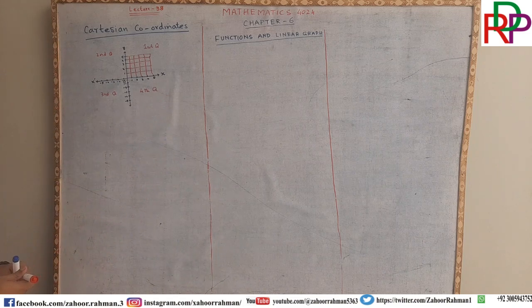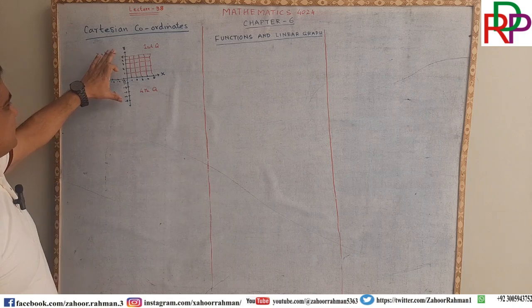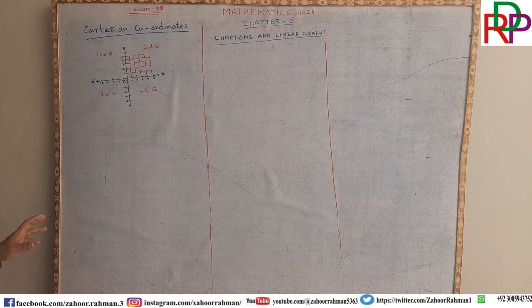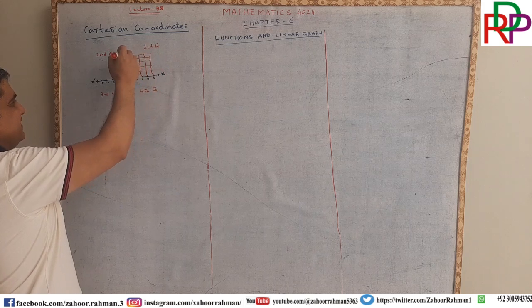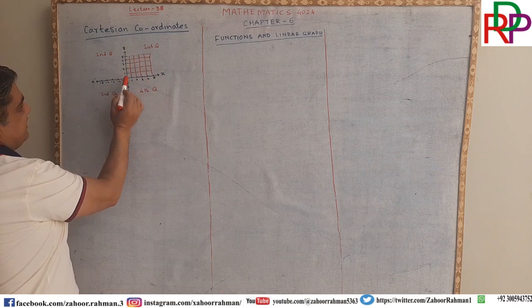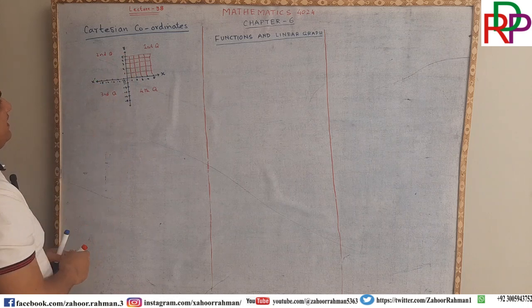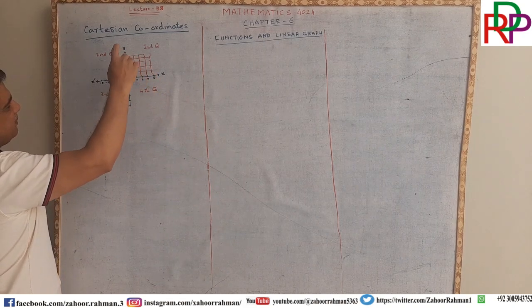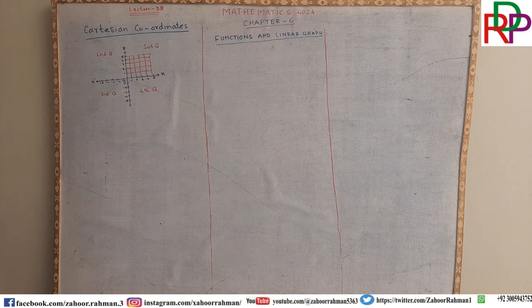So in the rectangular coordinate system, there are four quadrants. First quadrant is represented by this area, that is 90 degree. Another 90 degree is the second quadrant. In the first quadrant both the axes are positive, 1 2 3 and 1 2 3, both are positive.